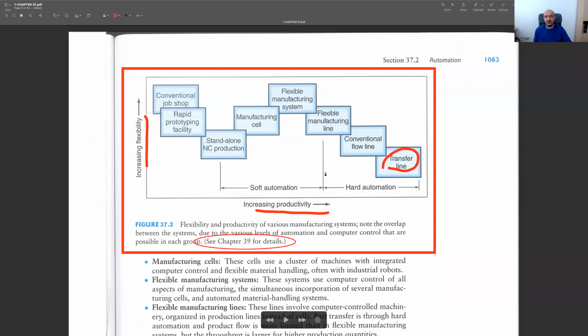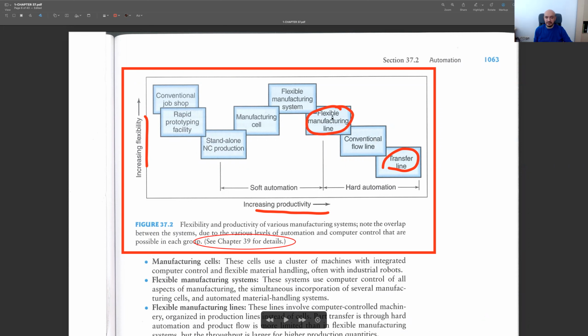So if your main concern is the number of products in a shorter time, then you should focus on the transfer line. And then we have flow lines. This is somehow related with the transfer line. It's in between the flexible manufacturing line and transfer line. So this is something in between.